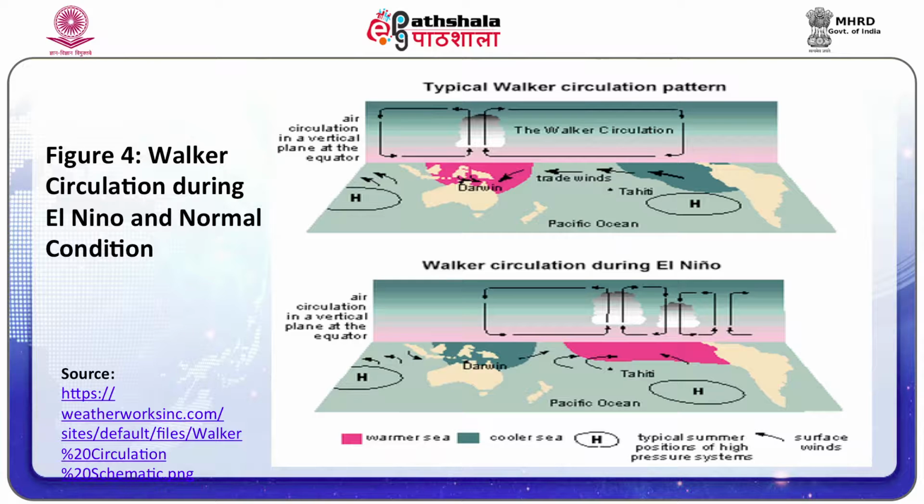The interaction between oceanic water and atmospheric winds are closely related. Sir Gilbert Walker was the head of the Indian Meteorological Service during 1904 to 1921.